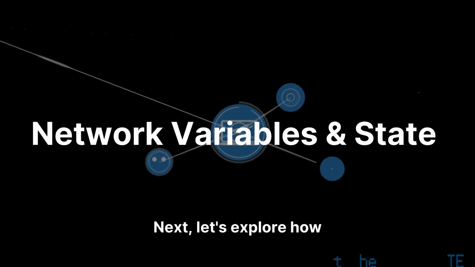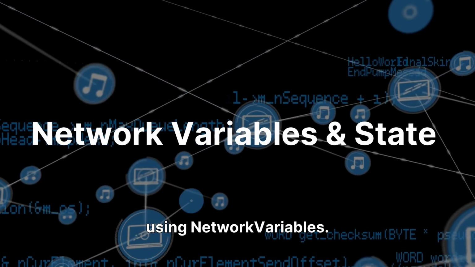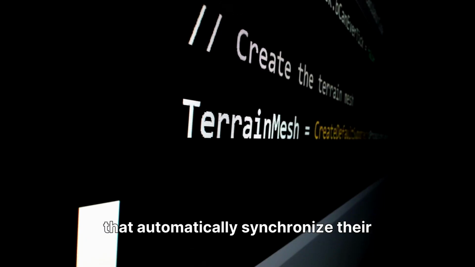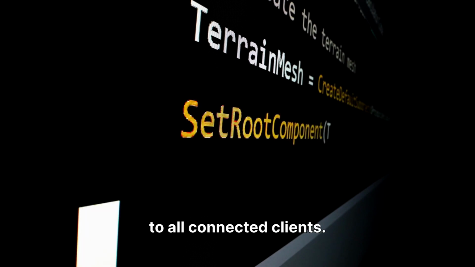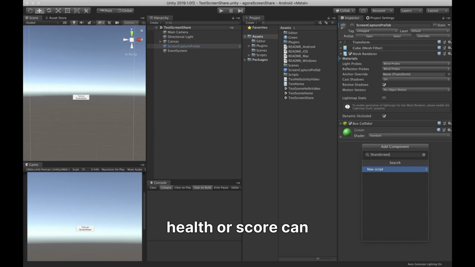Next, let's explore how to synchronize data and state across the network using network variables. Network variables are special variables that automatically synchronize their values from the server to all connected clients. Declare them within a network behavior script, which is a base class for network components. For example, a player's health or score can be a network variable, ensuring everyone sees the same value.